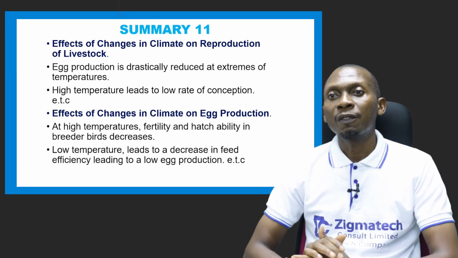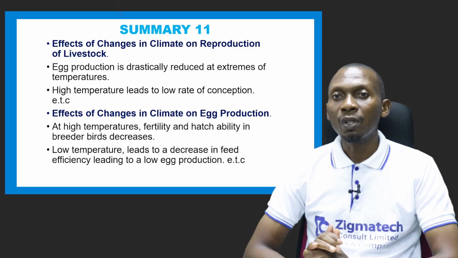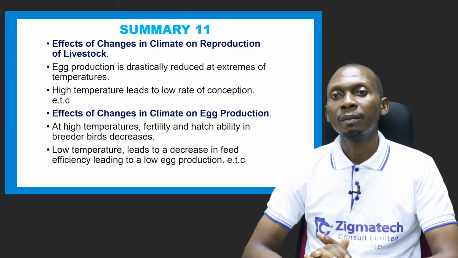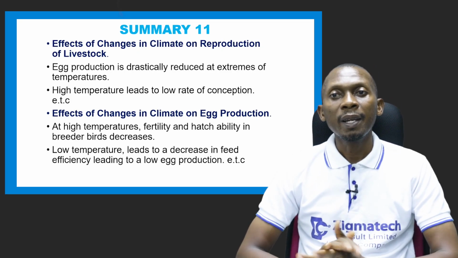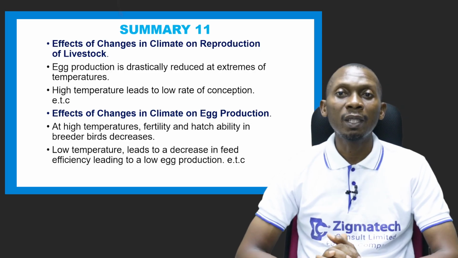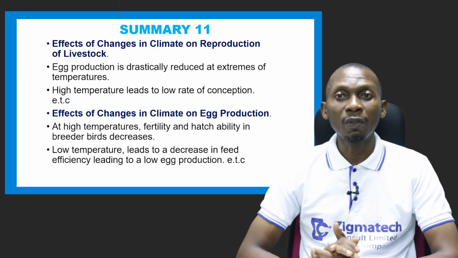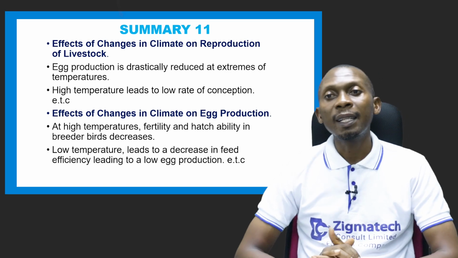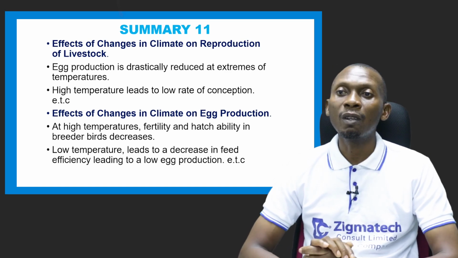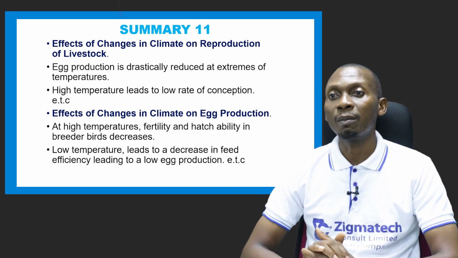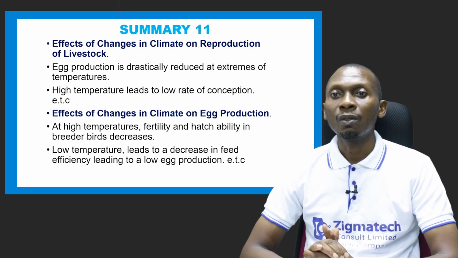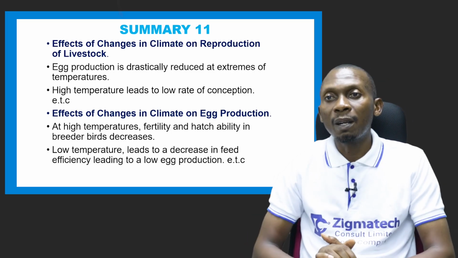We looked at the effects of changes in climate on reproduction of livestock. Here, egg production is drastically reduced at extremes of temperature. We also stated that high temperature could lead to low rates of conception, that's the ability of animals to get pregnant. So it leads to a low rate of conception in farm animals.